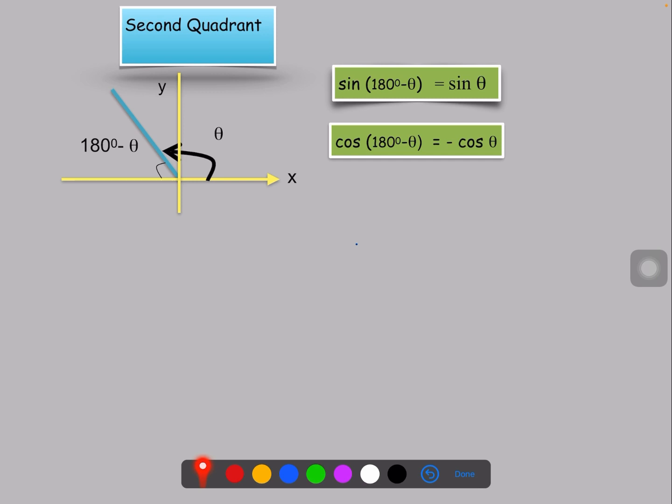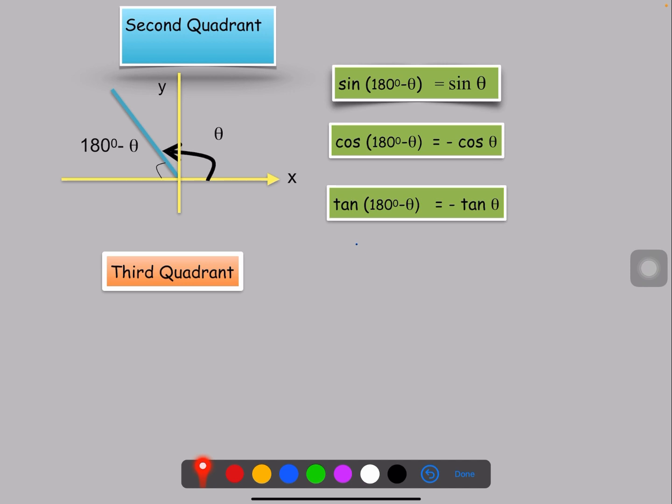While sine, in the second quadrant, is positive. And tangent 180 degrees minus theta equals minus tangent theta, because in the second quadrant tangent is negative.